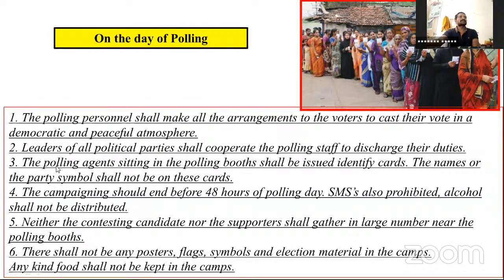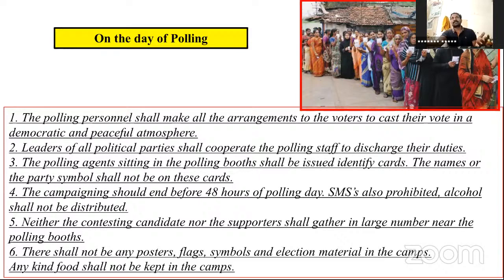The third one is that polling agents sitting in the polling booths shall be issued identity cards. The party symbol shall not be on these cards. On the polling day, in the polling station, the election officer, polling officers, and also polling agents come to the polling booth, sent by the political parties.